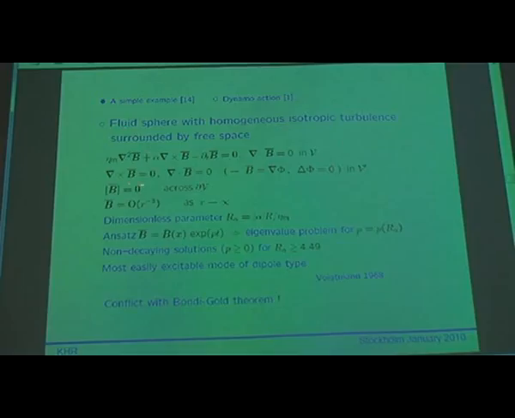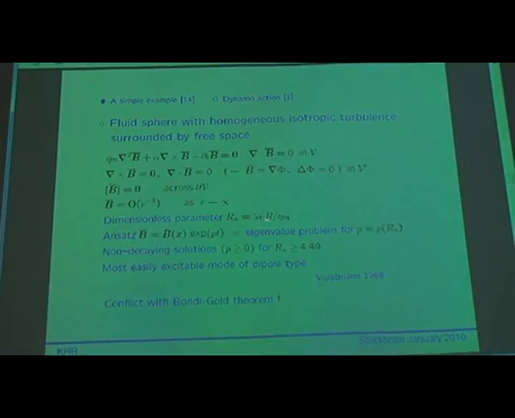Outside you have curl B equal to 0 and divergence B equal to 0, or what is equivalent, B is a gradient of phi, and phi satisfies the Laplace equation outside. Assume, as we spoke yesterday, that the magnetic field is continuous across the boundary of this fluid volume, and that it vanishes sufficiently strongly with radius tending to infinity.